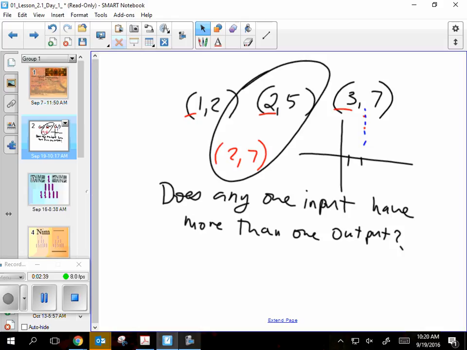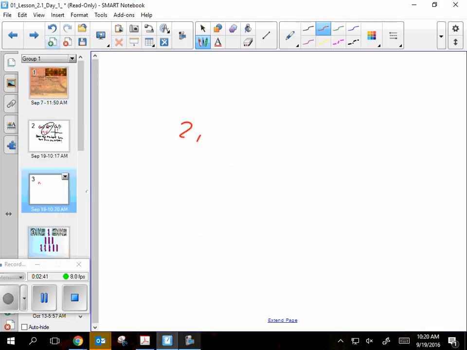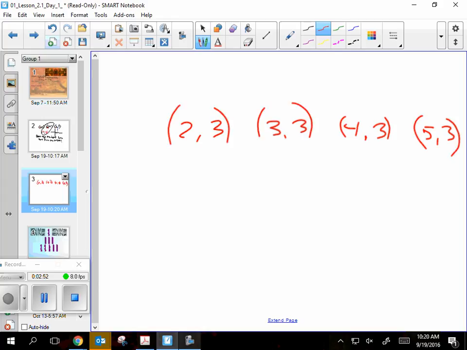Okay, so here's another one that's like that. (2, 3), (3, 3), (4, 3), (5, 3). I know it's weird. The question isn't, is it weird? The question is, is it a function? I want you to graph those points very quickly for me. Take a quick sketch, and then answer the question.